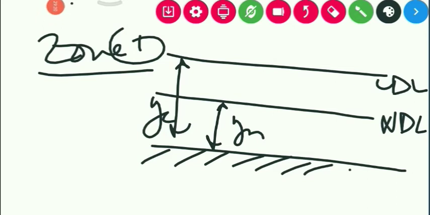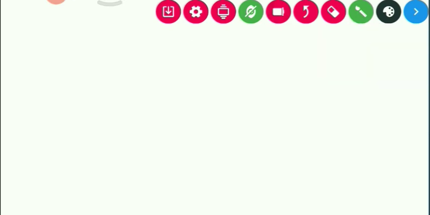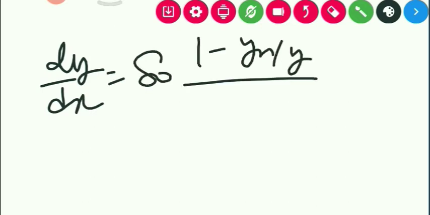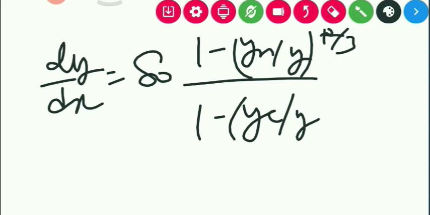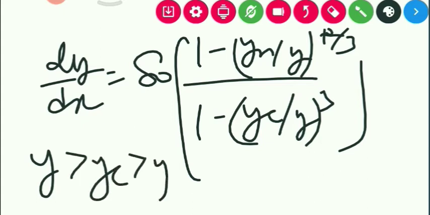So let's see what the value of dy by dx is. dy by dx is s naught times (1 minus (yn upon y) to the power something, 10 by 3, it is not important here) by (1 minus (yc upon y) to the power 3). Here in zone 1, y is greater than yc is greater than yn. So if y is greater than yn, then this term will be less than 1.